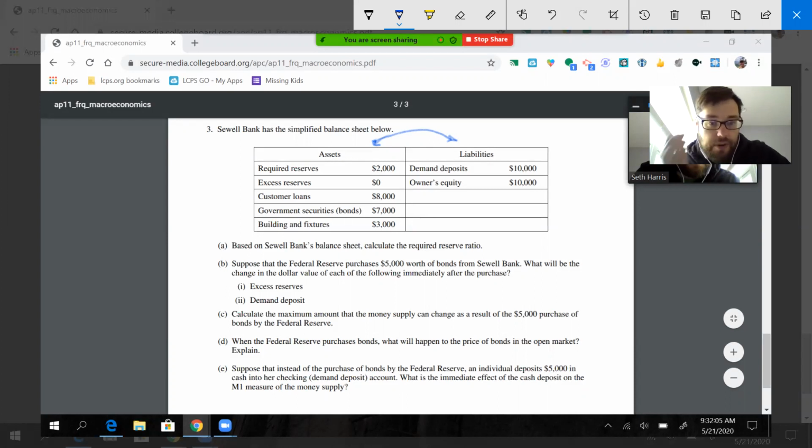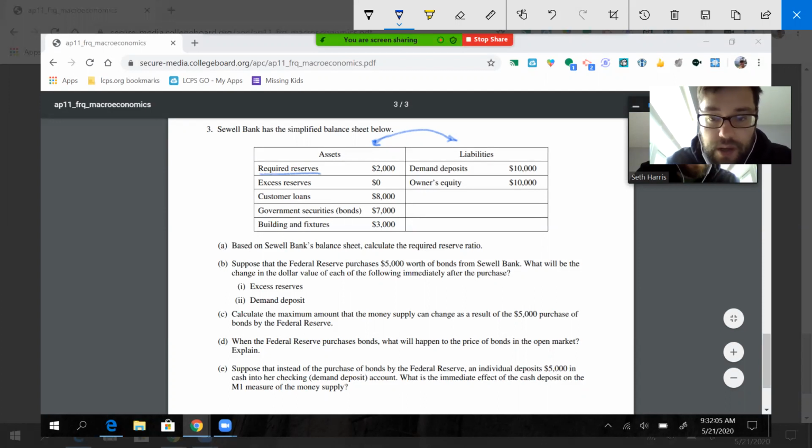All right, part A. Based on Sewell Bank's balance sheet, calculate the required reserve ratio. Okay, so we look at the balance sheet as it is. This one happens to give us the category required reserves.